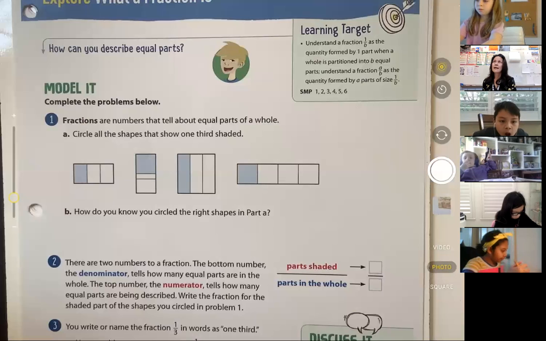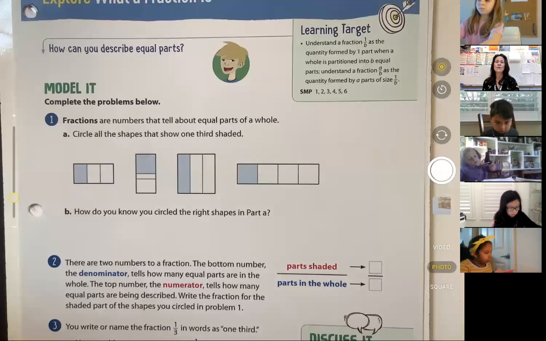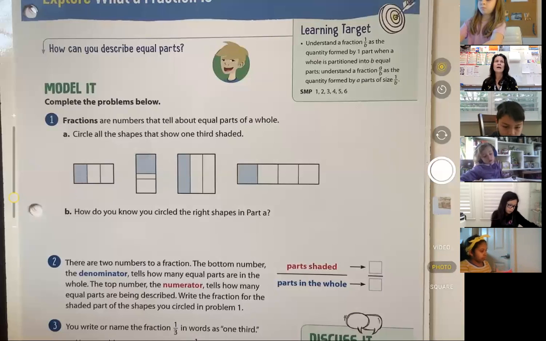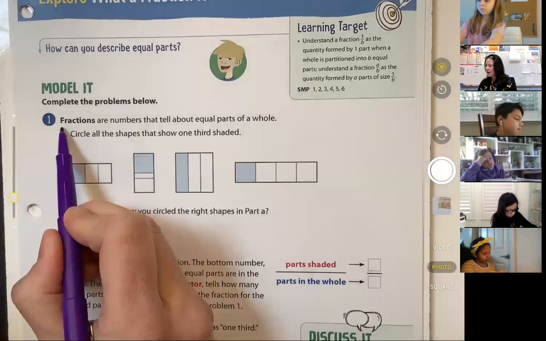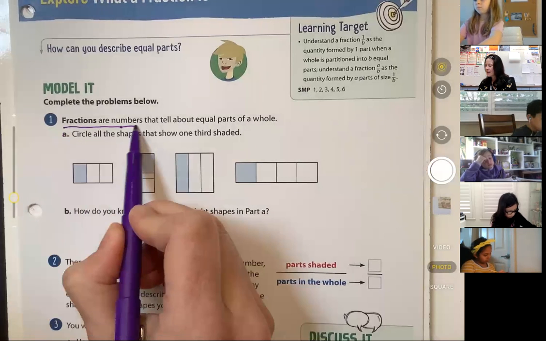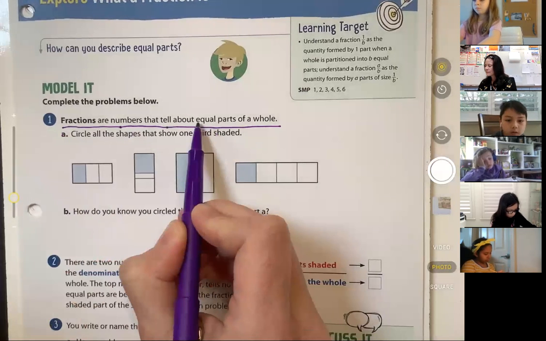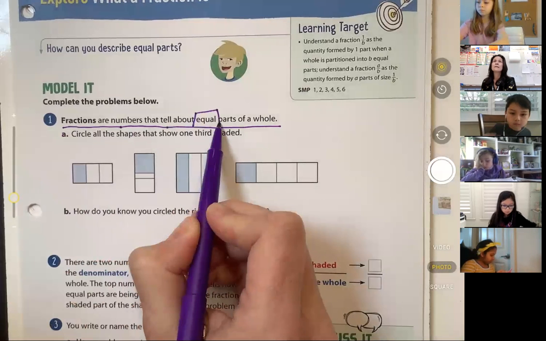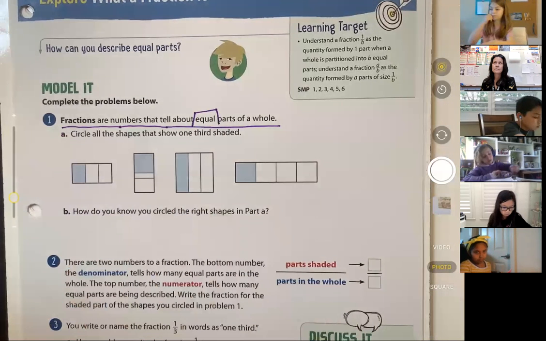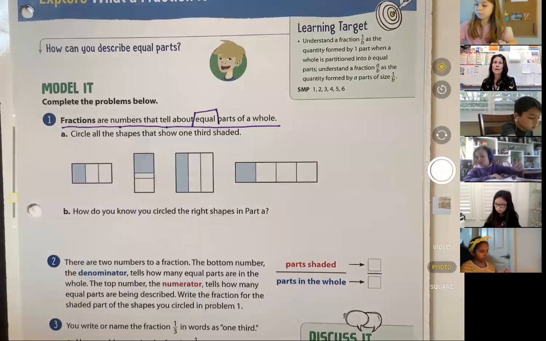Now, friends, this is where you really need to pay special attention. I want you to go back to the definition of a fraction, and we're going to do that right now. Fractions are numbers that tell about equal parts of a whole. Equal parts of a whole. All right?